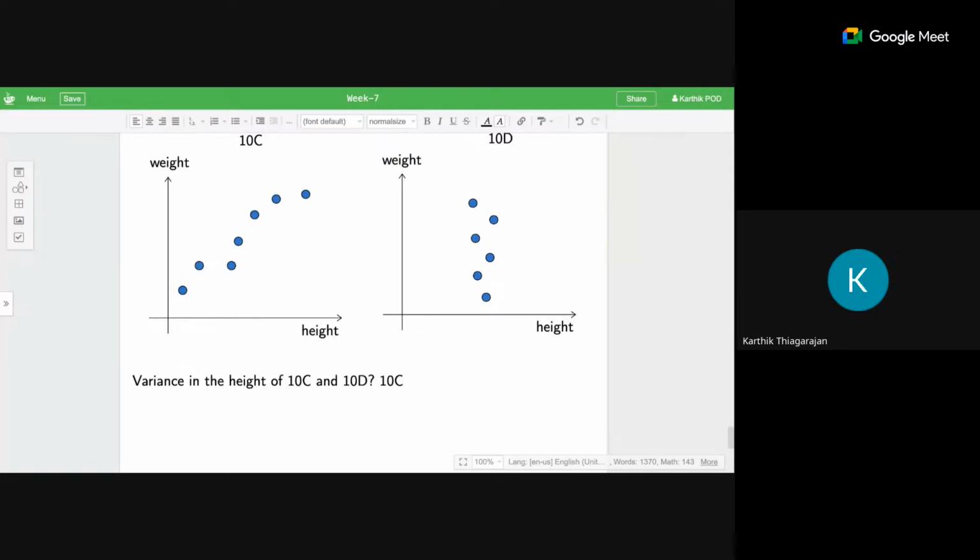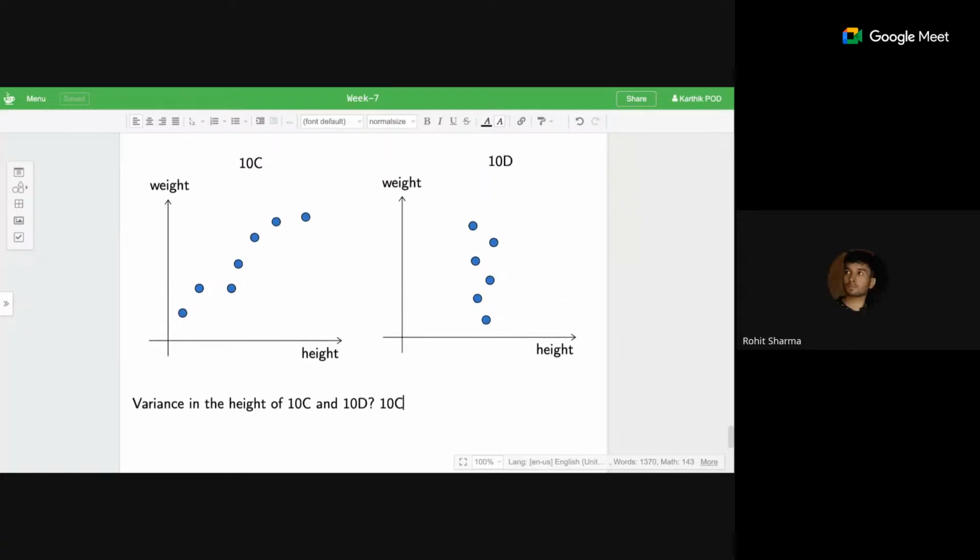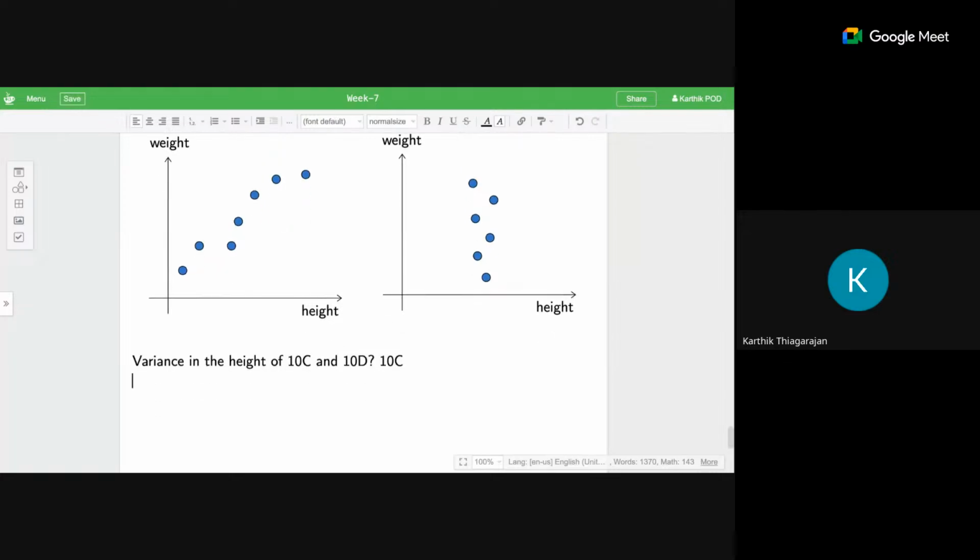Now, which one do you think is more natural, or what do you expect a real world situation to reflect? 10C, right? There is a way of understanding variance where you can call it the information content in a feature.